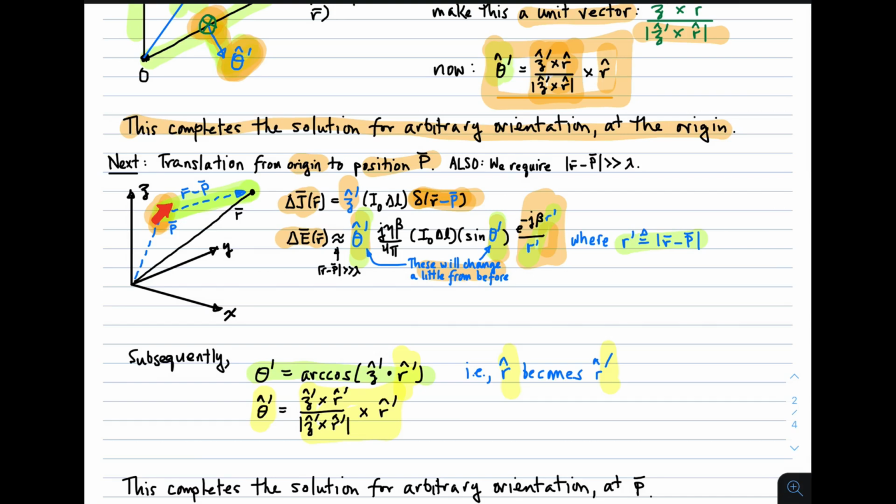So the solution for the displaced current moment really looks very similar to the solution for the current moment at the origin if we make this replacement based on this definition of r prime being with respect to the displaced source position. And that's really all there is to it. This completes the solution for arbitrary orientation and a displaced source position.